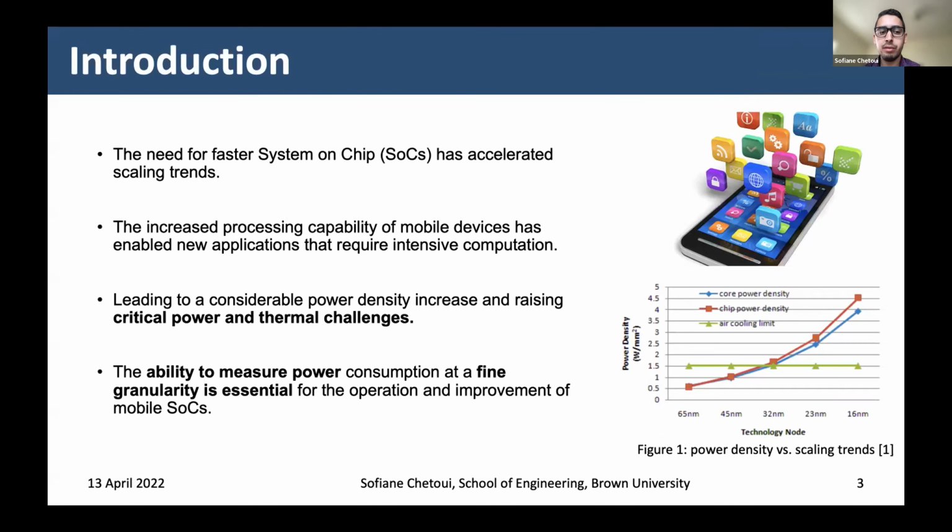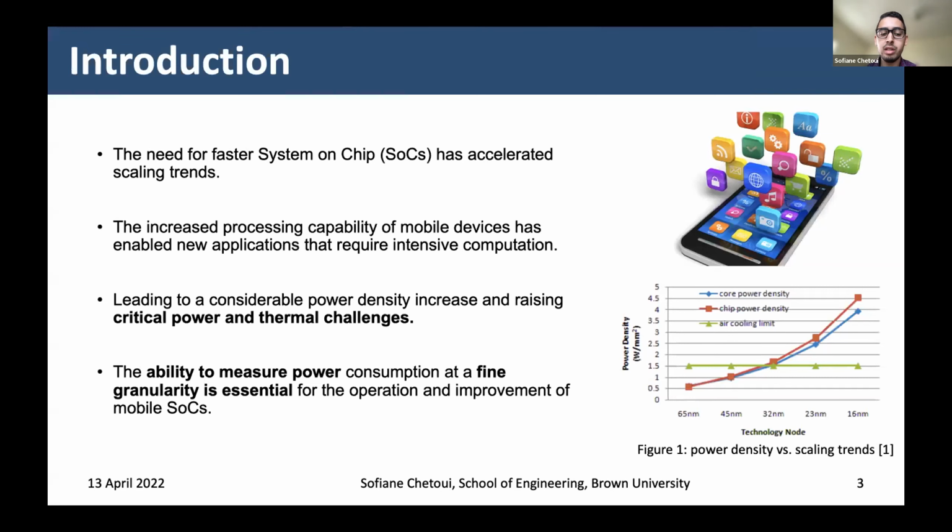Basically, the need for faster systems on chip has accelerated scaling trends, which enabled new applications that require intensive computation, leading to a considerable power density increase and raising critical power and thermal challenges. As you can see in figure 1, the power density actually increases exponentially with the technology node.